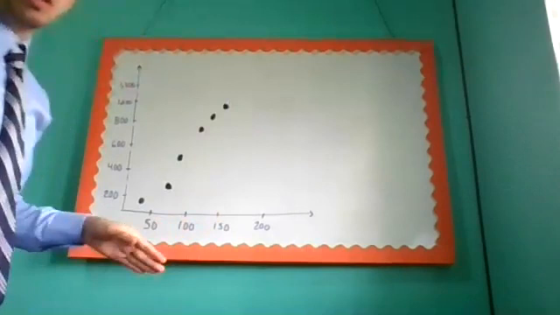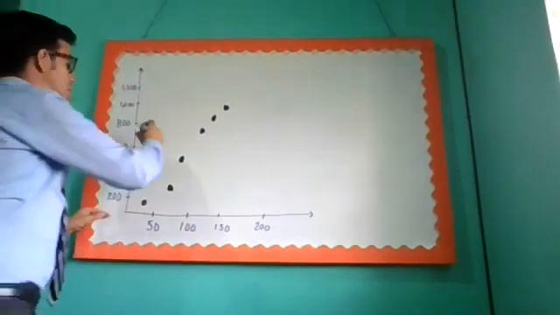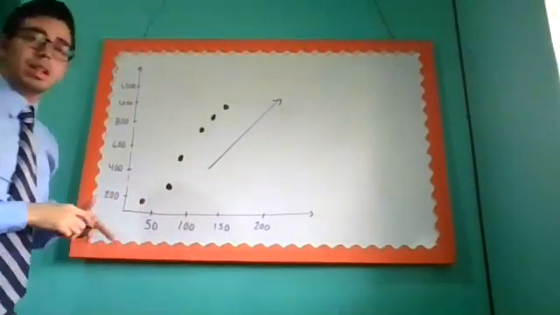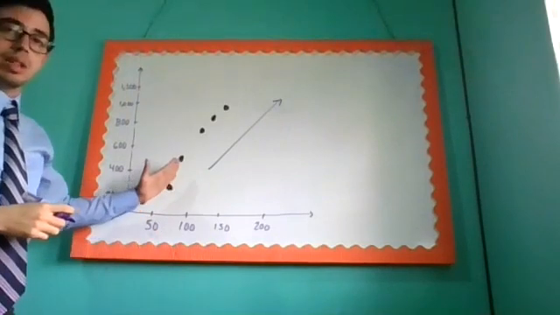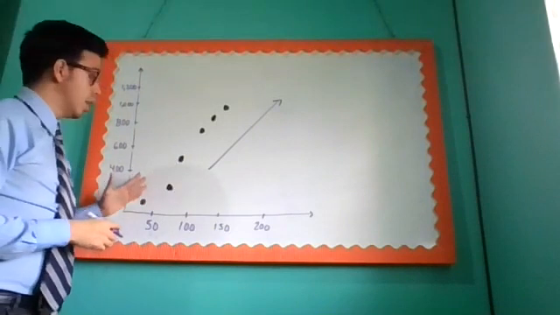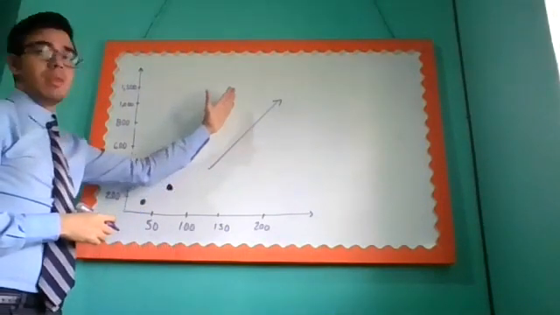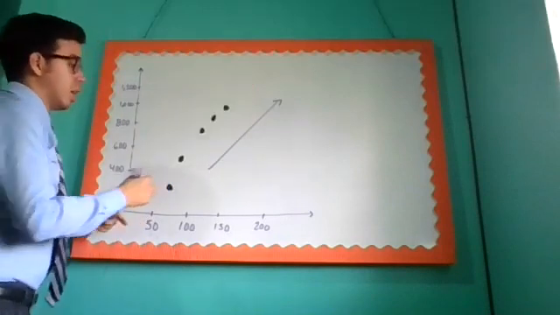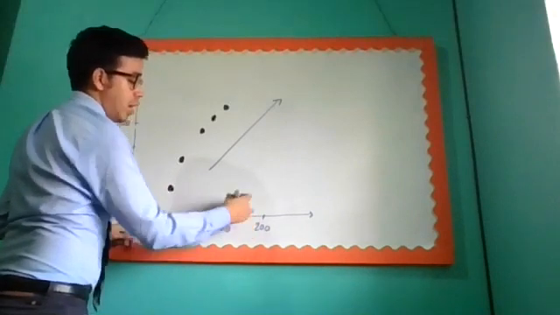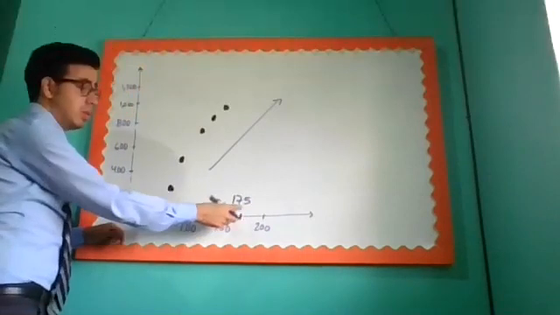And how can you see the shape of this graph? It's going in this way, right? It's a line. It's completely increasing. You start here from closer to 0, and you are increasing. So if you extend the line more, 175 has to be located here, between 150 and 200.